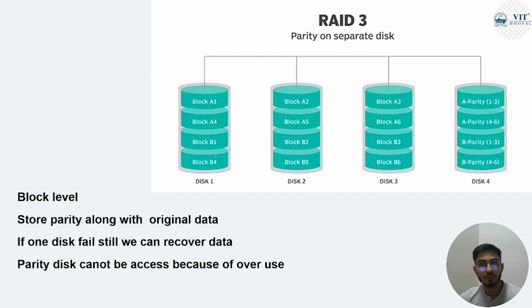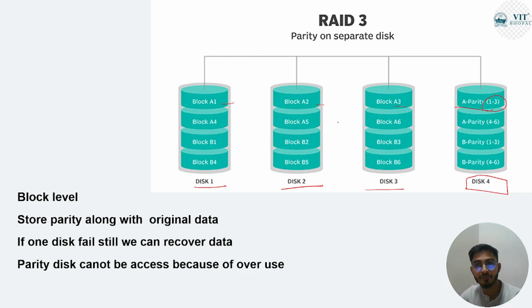So see, here disk 1 is there, where multiple data is there. Disk 2 is there, disk 3 is there, and disk 4 is the parity disk. Here we are storing the parity of different disks. See, here 1, 2, 3, and disk 4 is storing the parity of A from 1 to 3.